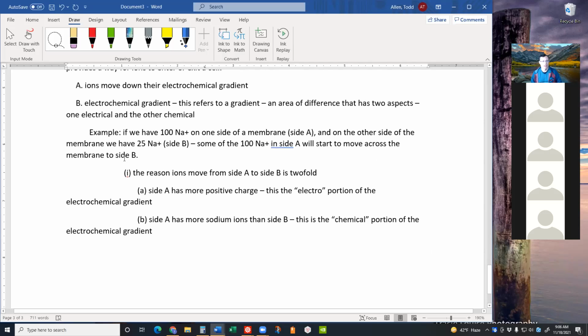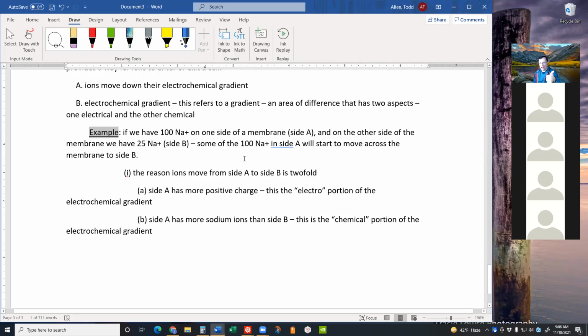Okay, so let's review this example one more time. If we have 100 sodium ions on one side of a membrane that we're calling side A, and on the other side of the membrane we have 25 sodium ions we're calling side B, some of the 100 sodium ions in side A will start to move across the membrane to side B. Why?